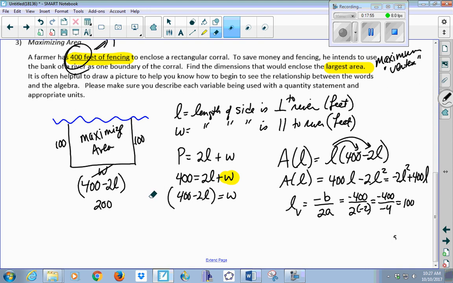That all adds up to 400 feet of fencing. So the dimensions, which is what the problem asks me to find, is 100 feet by 200 feet. And if they ask you what the maximum area was, then you'd multiply 100 feet by 200 feet to get 20,000 square feet. Okay.